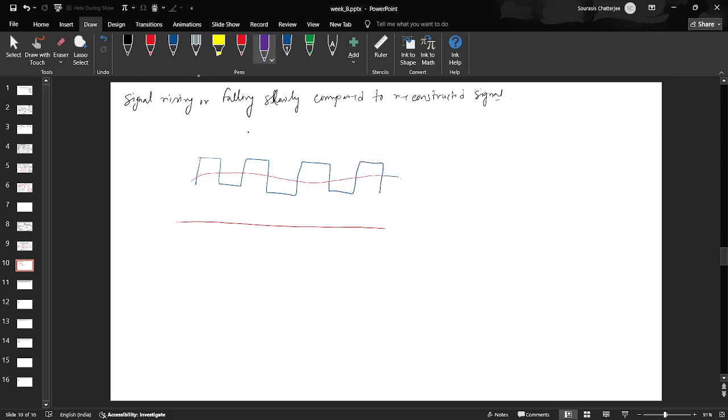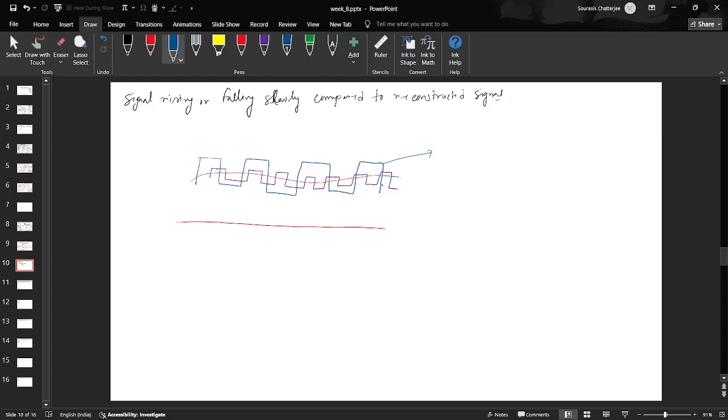Let's draw another version where we have a small variation in the reconstructed signal like this. So this one here, you can clearly say the jumps are quite abrupt.